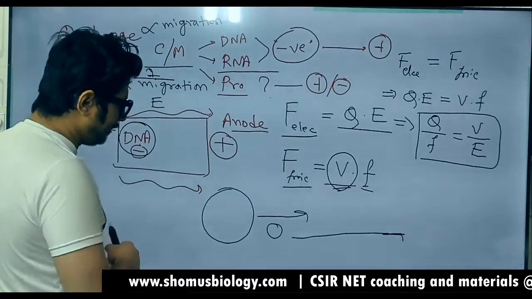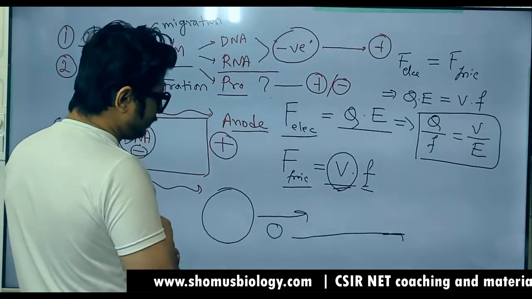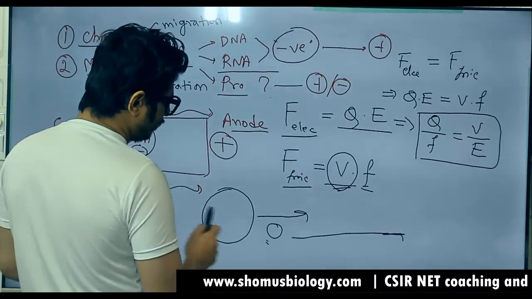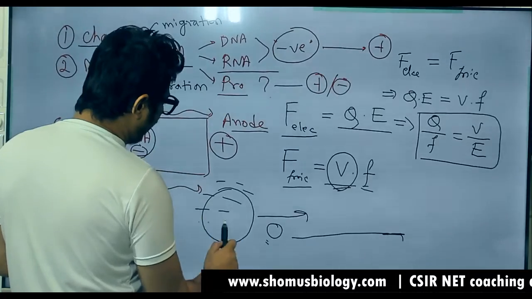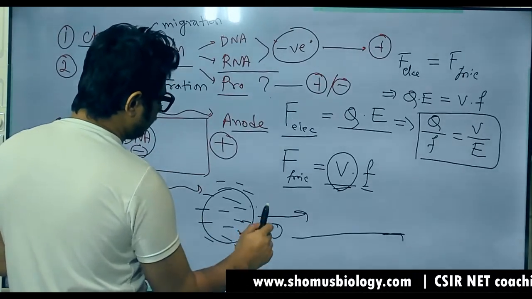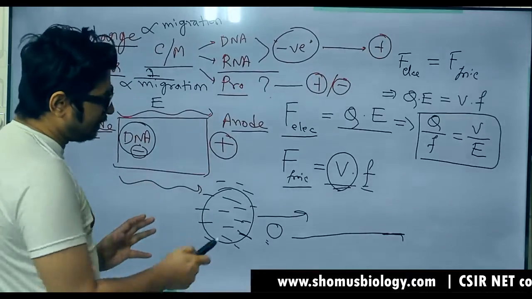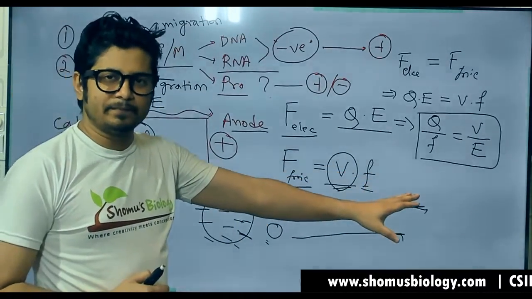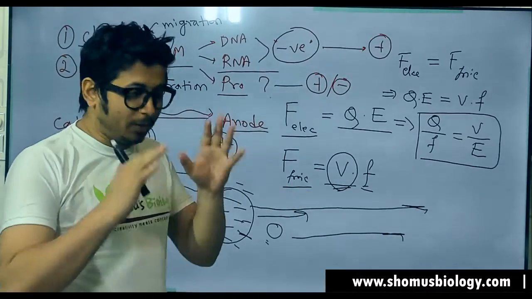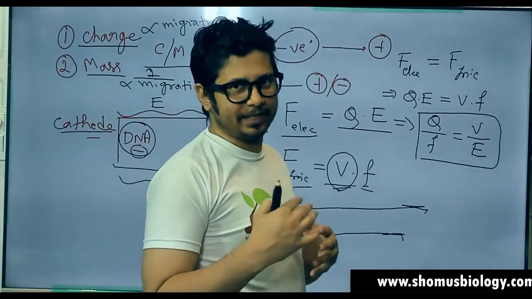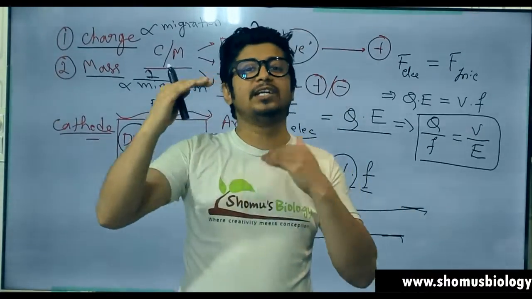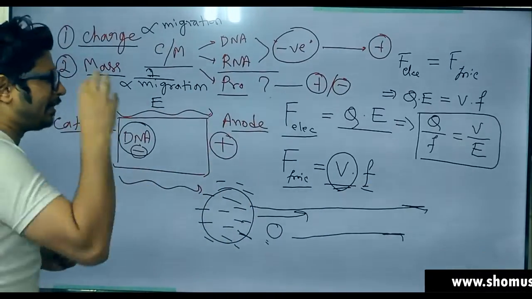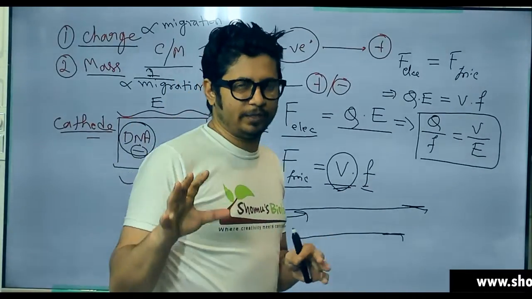But on the other hand, if you're talking about a small one with very little charge, and a large one with very high negative charge, then as it has more negative charge, it will move further towards the plus end of the electrode. So not only the mass matters in electrophoresis, the charge to mass ratio matters a lot. Okay, so this is the basic principle of any kind of electrophoresis.